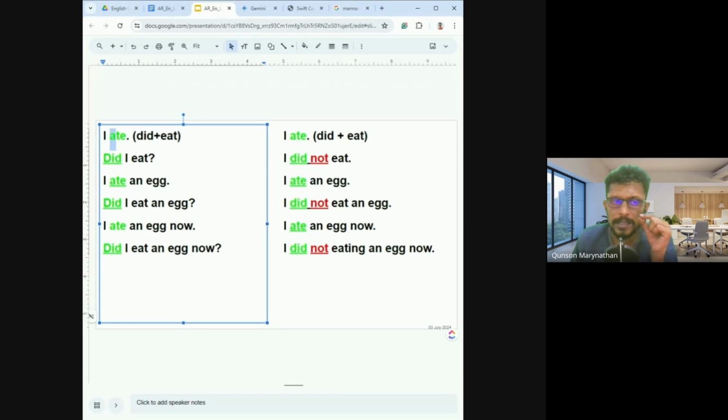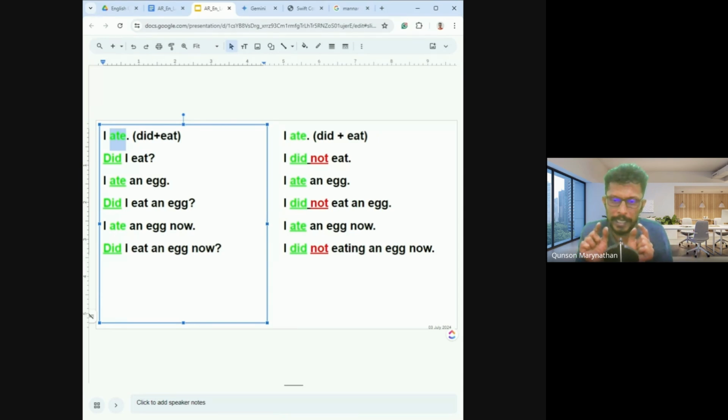One difference is the auxiliary verb and the verb are inside one word. So we have to separate the word into two pieces: auxiliary verb and the verb. Then we take the auxiliary verb in front to make a question. Did I eat? That's a question.